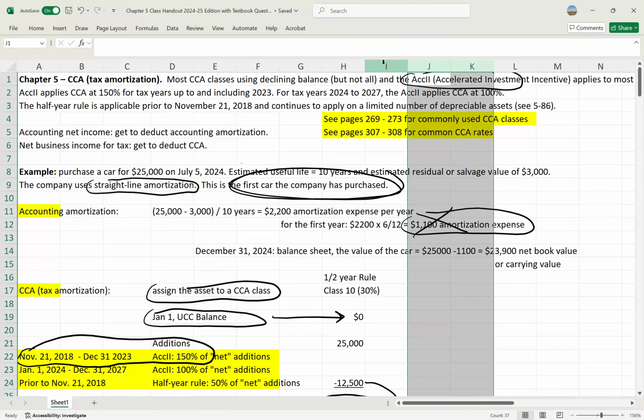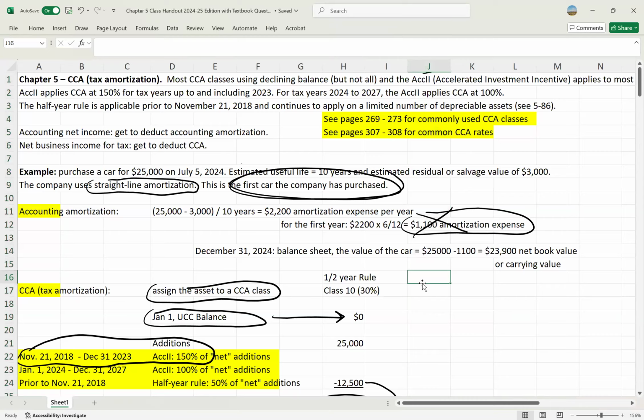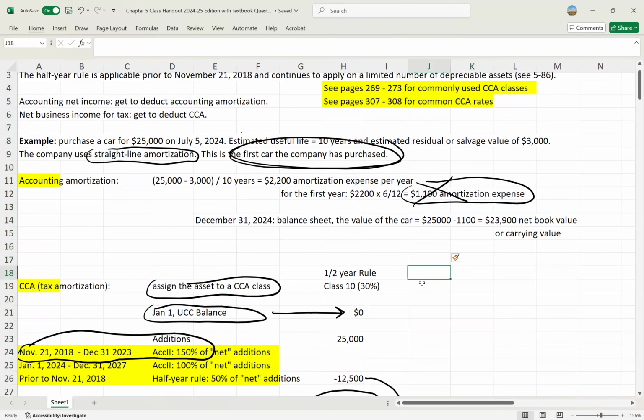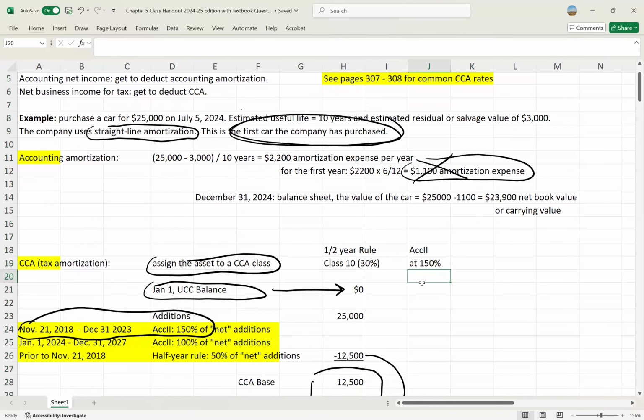So that's what the ACCII stands for. So I'll show you then how the Accelerated Investment Incentive works in this column here. So this would be the Accelerated Investment Incentive at 150%. And this is for November 21st, 2018 to December 31st, 2023.